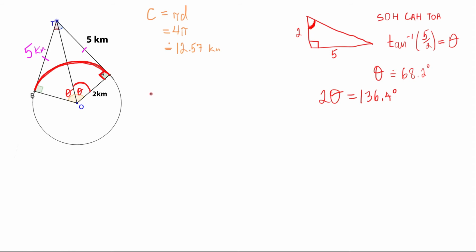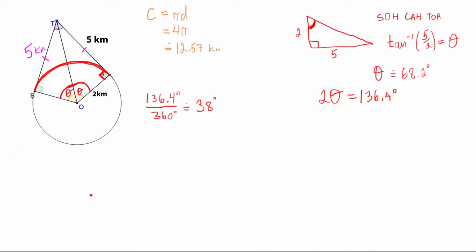So if we were to get this as a percent, we would say 136.4 degrees is to 360 degrees, and that gives us a certain percentage. That comes up to 0.378 repeated, blah, blah, blah. So we're going to say that that's approximately 38%. So this little area right here that I'll just finish with the red arc, that is 38% of the circle.